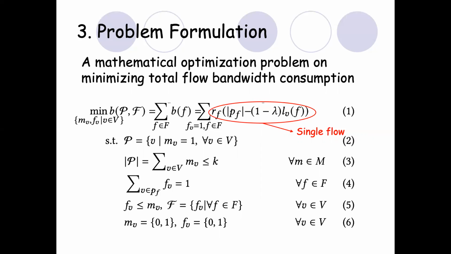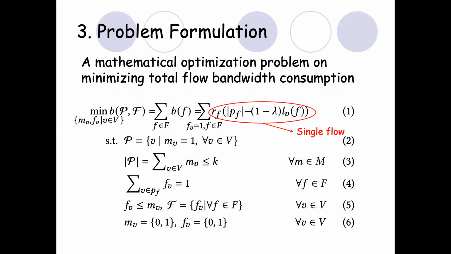And in equation 2, our deployment plan contains all the nodes with their value of parameter MV as 1.